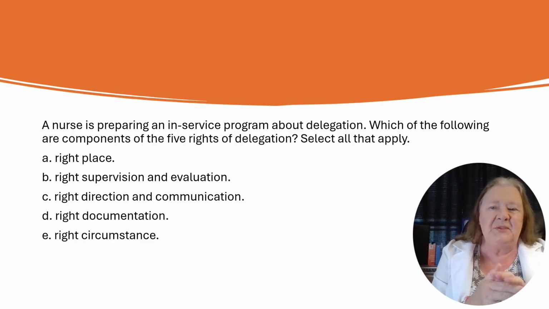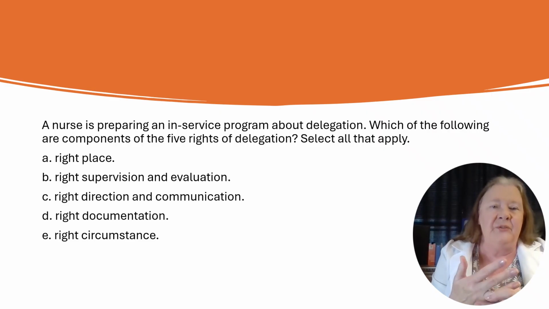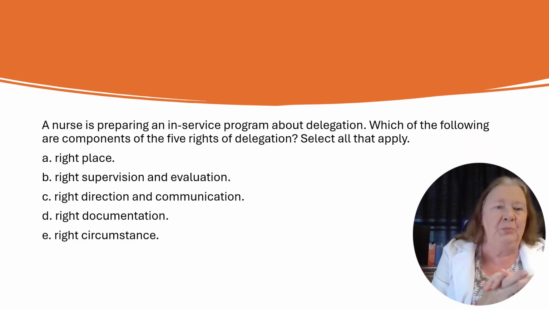That's more like right route with the medication, the 5 rights of medication administration. And D, right documentation. Again, that's more like the 5 rights of medication administration. So B, C, and E are the correct answers on that one.